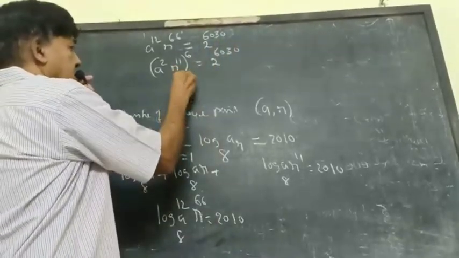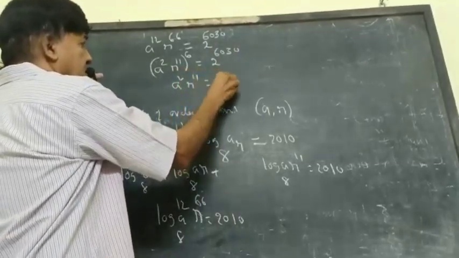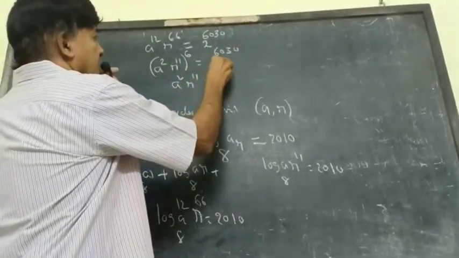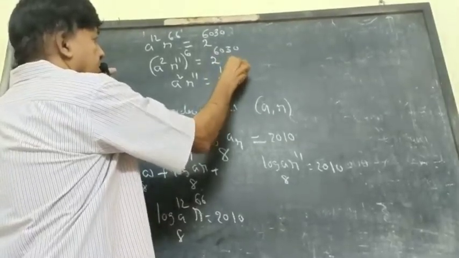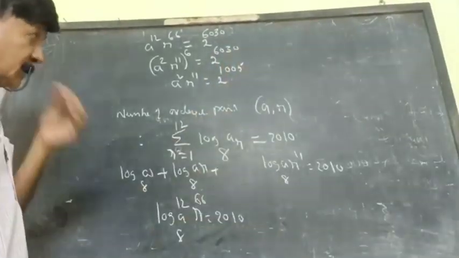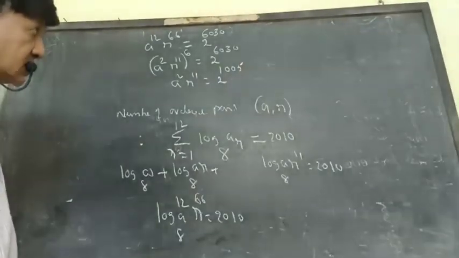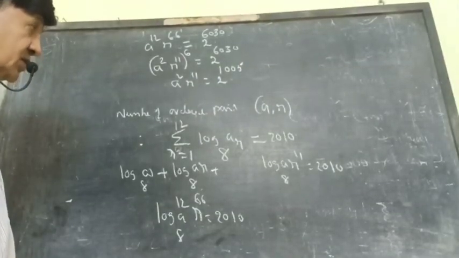So what is a square r power 11? It is 2 to the power of 1005.